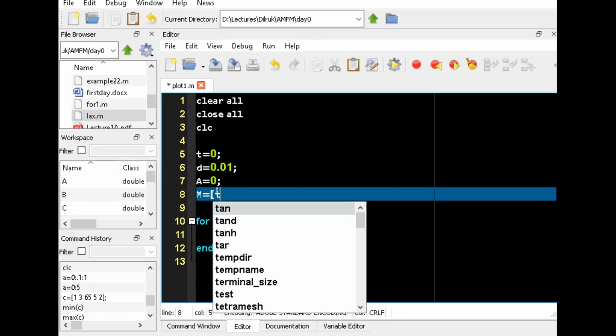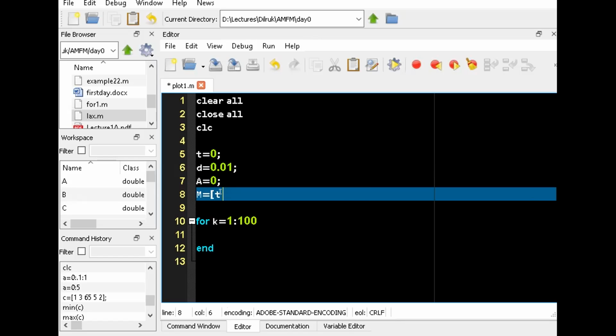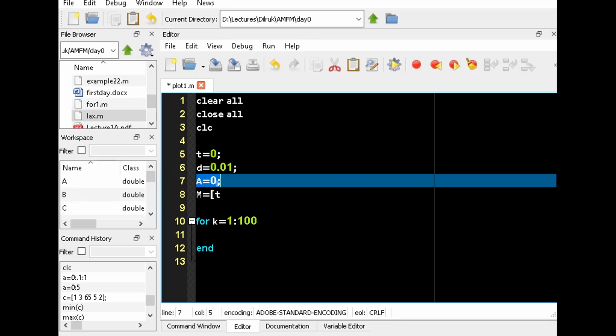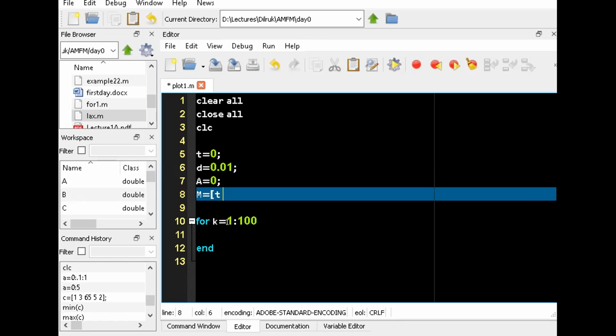This is your dependent variable, the corresponding value, the amount of drug at time 0, a, which is 0 as well.